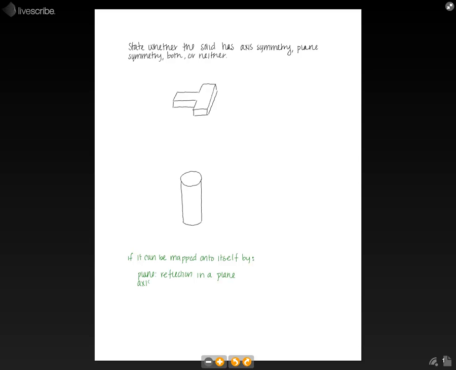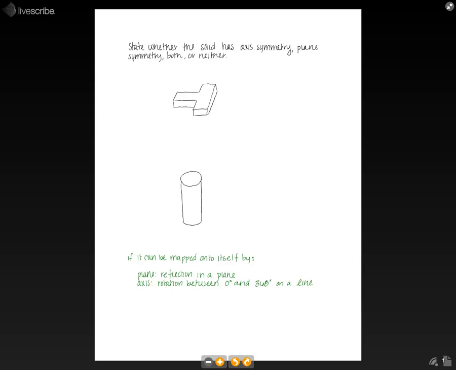For axis symmetry, we say if it can be mapped onto itself by a rotation between 0 degrees and 360 degrees on a line.